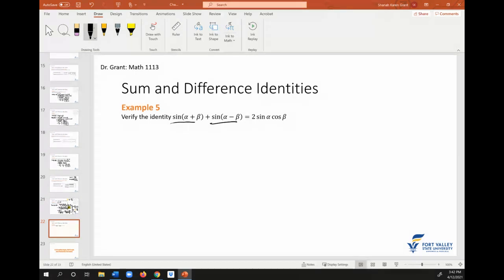So sine of alpha plus beta, we've seen these before. Well, that's going to be equal to sine of alpha cosine beta plus cosine alpha sine beta.